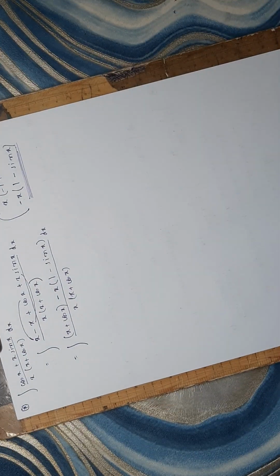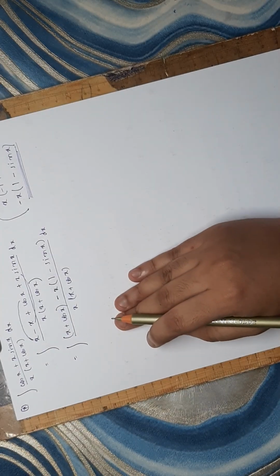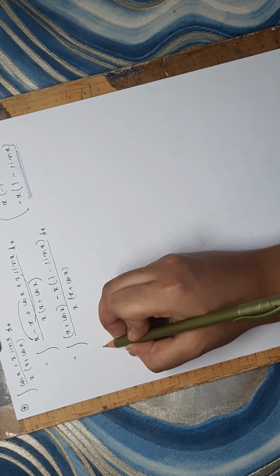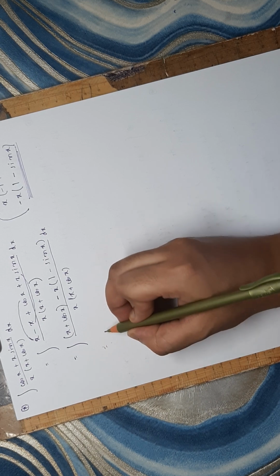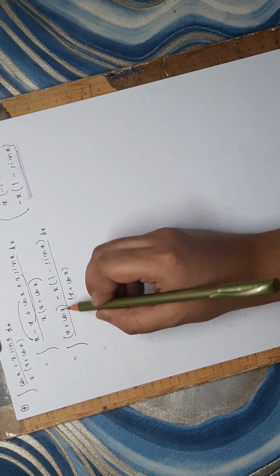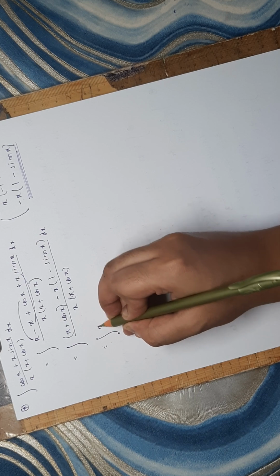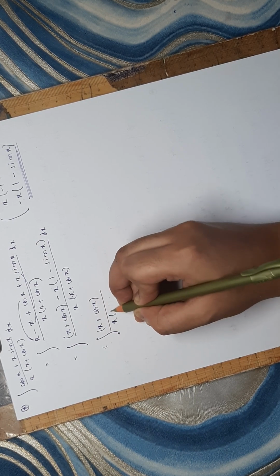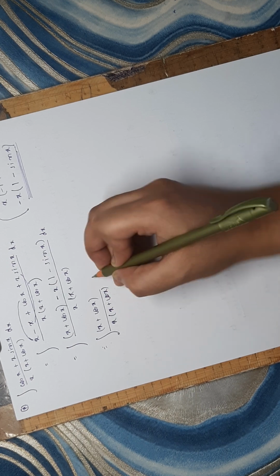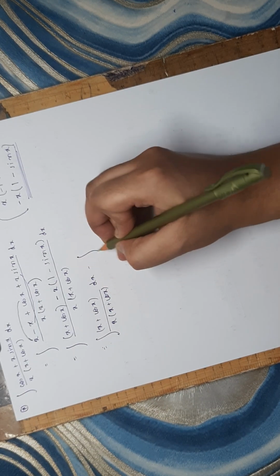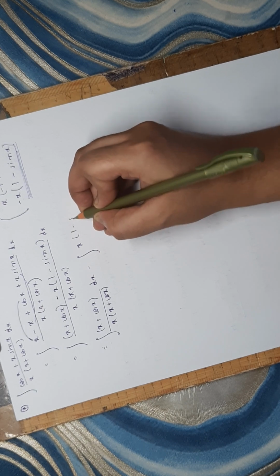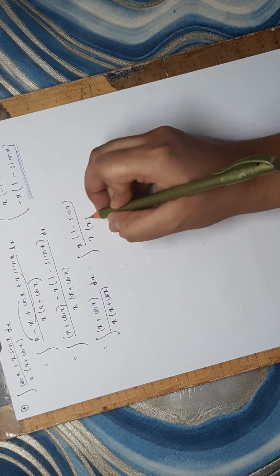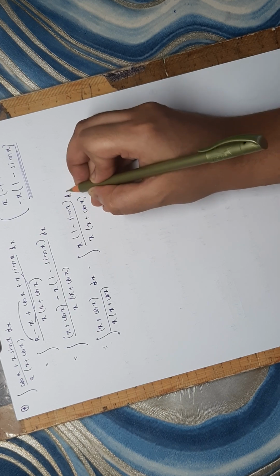Now what I will be doing is simply separate. What is the separation that I'll be doing here? I'll be left with x plus cos x in the numerator, x plus cos x in the denominator, dx, minus integration of x times 1 minus sin x divided by x plus cos x into dx.